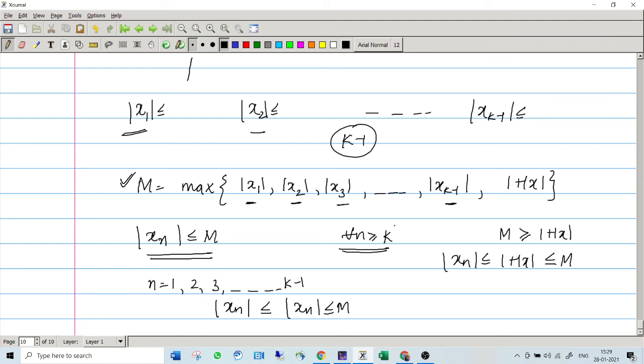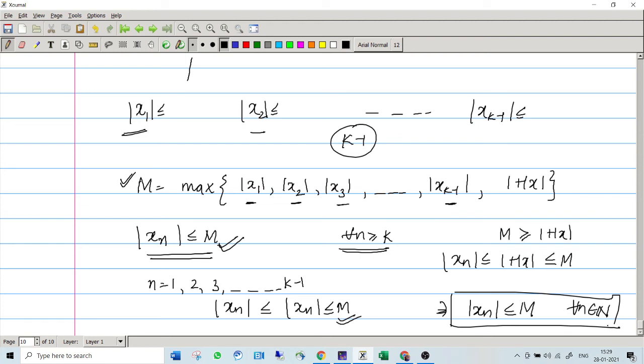So mod xn is smaller than m from k onwards, and up to k as well. So overall, mod xn is smaller than m for all n, and this is true for every n in N, and therefore you can say that the sequence xn is now bounded.